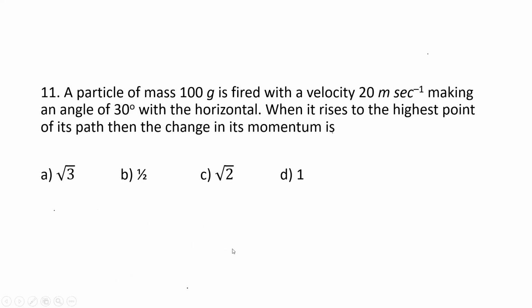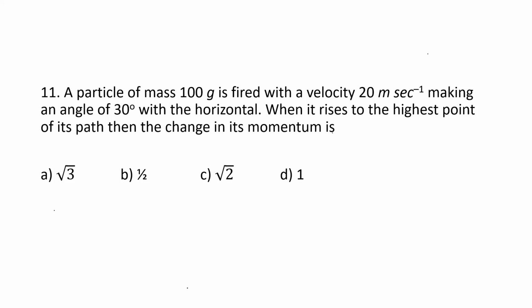Let's see the next question. A particle of mass 100 gram is fired with a velocity of 20 meter per second, making an angle 30 degree with the horizontal. When it rises to the highest point of its path, then the change in its momentum is given by. Now here what happens? The horizontal momentum remains always constant.